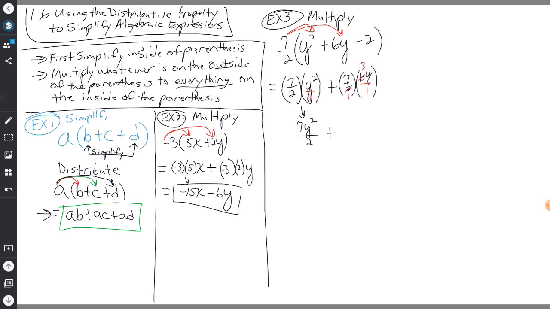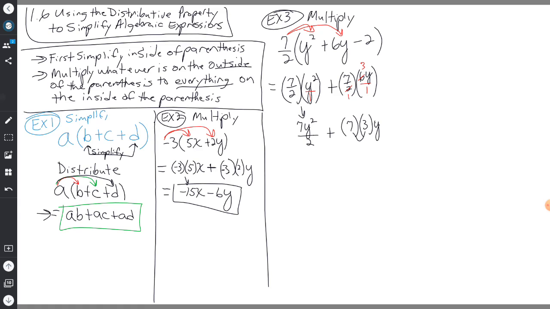So let's just rewrite it first. Both of them have a 1 denominator now, so we don't need to write the denominator. We just write it as 7 times 3 times y.